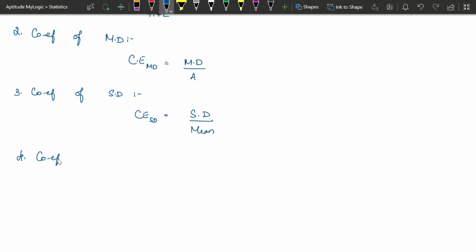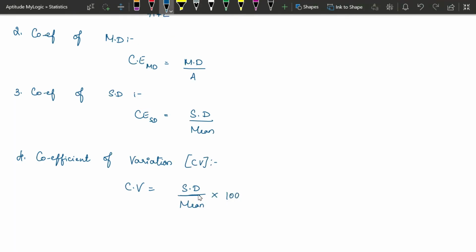So this is the most important one, coefficient of variation, denoted as CV. This is nothing but percentage of coefficient of standard deviation. So coefficient of variation is standard deviation divided by mean into 100. So this gives coefficient of variation.